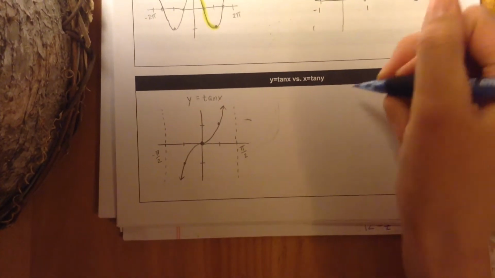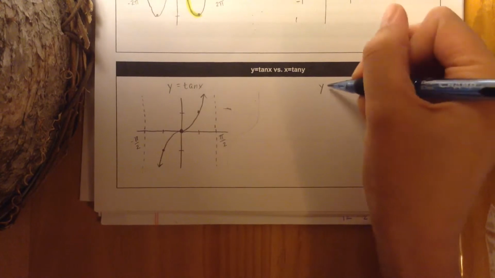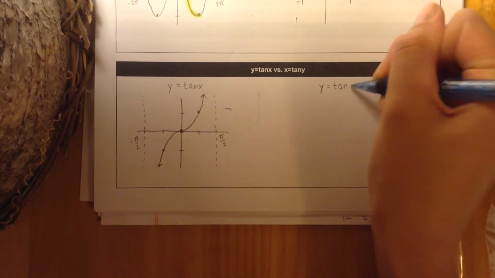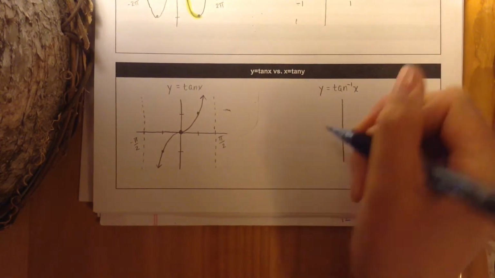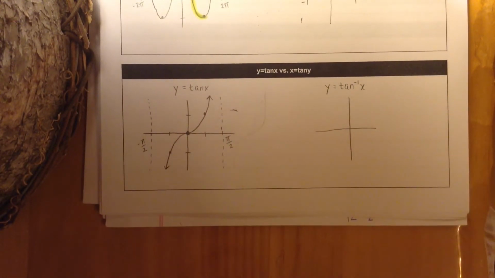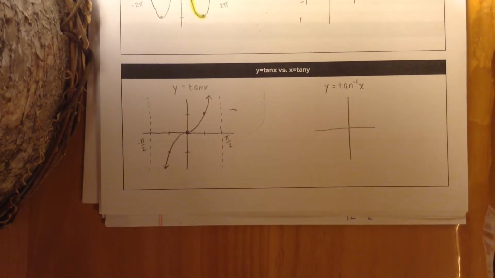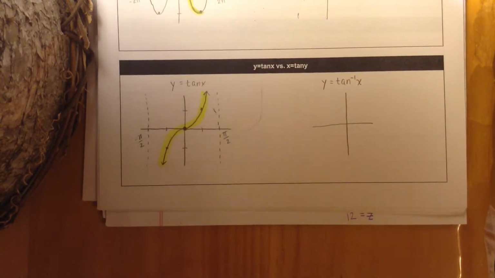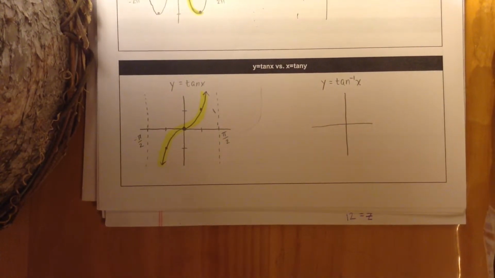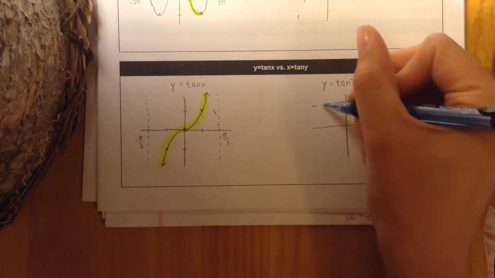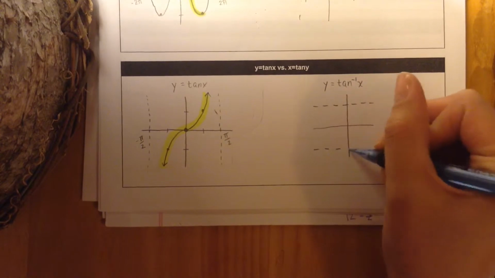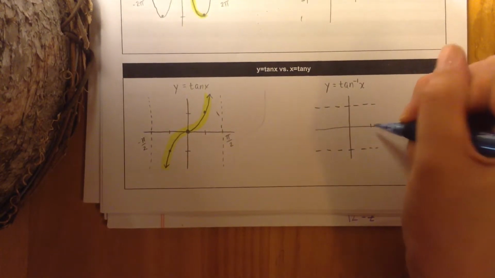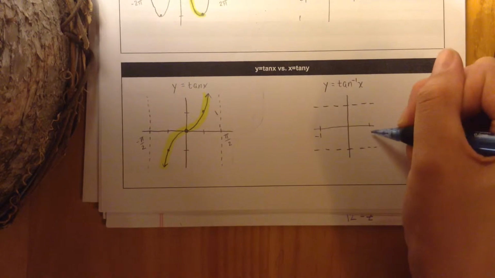So let's look at y equals tangent inverse of x. Okay. We're allowed to have this whole graph, so let's highlight that whole graph here. That whole part worked. And so that's the part that we're going to sketch on here. At pi over 2, we have an asymptote. Negative pi over 2, we have an asymptote. And our x's are from negative 1 and 1.